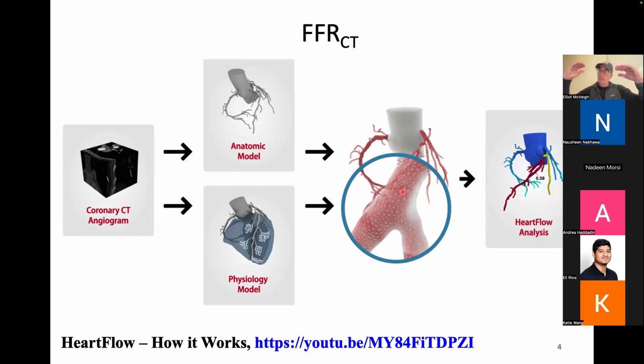And if there's a large pressure drop across that lesion, more than 20% of the pressure in the aorta, or proximal to the lesion, then that patient should probably have a stent put in. There's a large trial showing that the people who didn't have stents put in showed up at the hospital in an emergent situation much more frequently later.